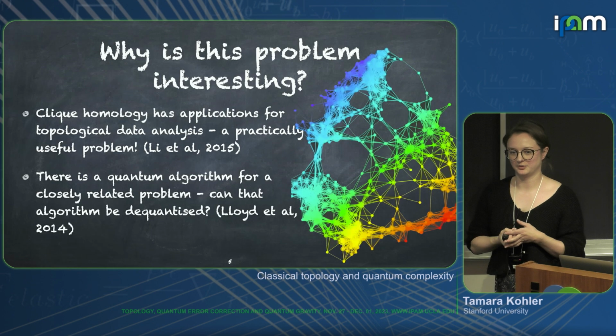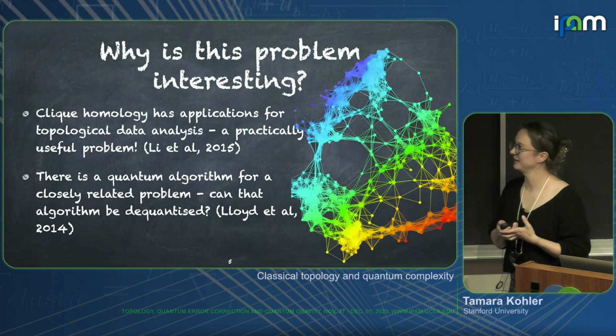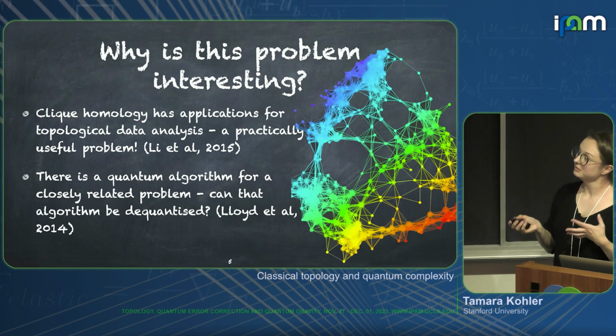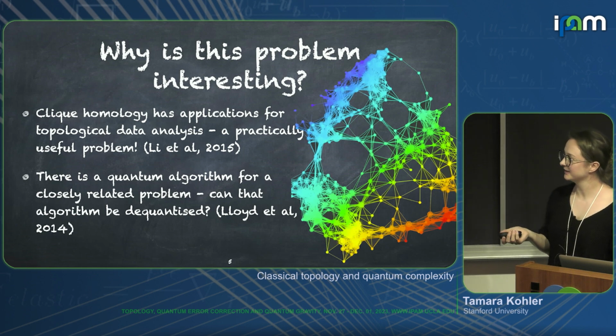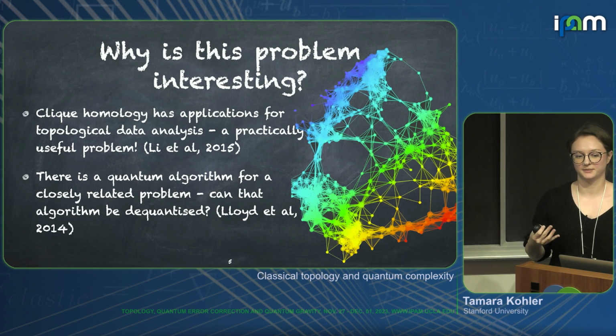Okay, so that's the problem we're going to be talking about today. But why should you care? What's interesting about it? Well, I think the reason people started getting interested in clique homology from a quantum computing perspective is because it's actually a practically useful problem.